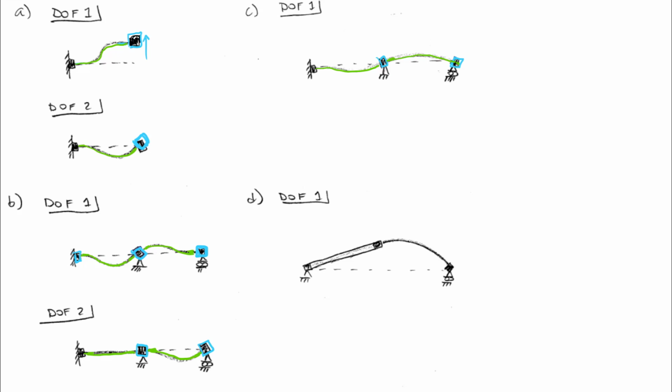In example D, as you'll recall, there was only 1 degree of freedom, and that was rotation of this joint here. But because this is a rigid member, rotation of that joint implies that this other node must move upward, must move slightly to the left, and most importantly, it must rotate as well. At the right side, I have chosen not to count that degree of freedom.